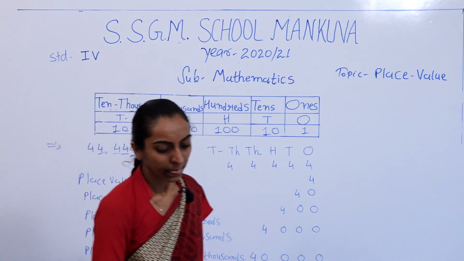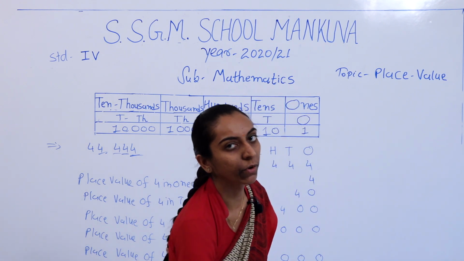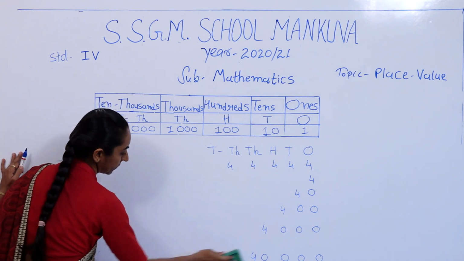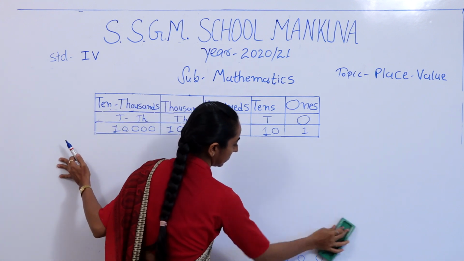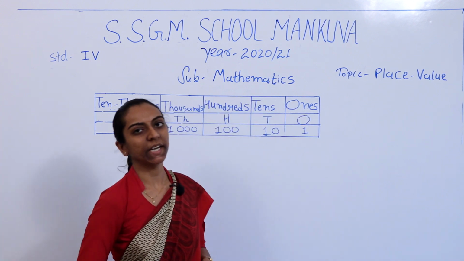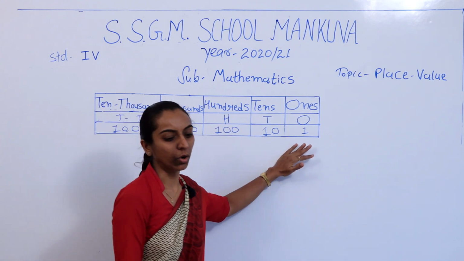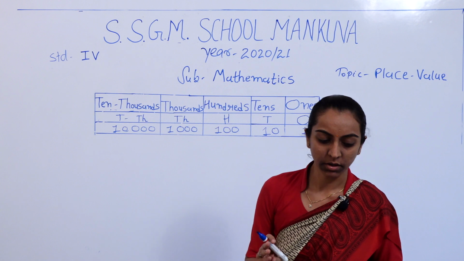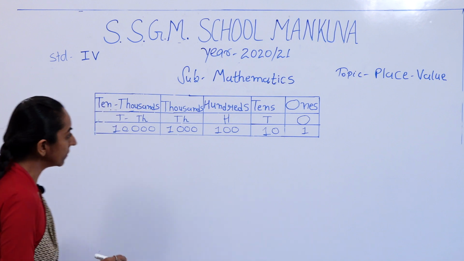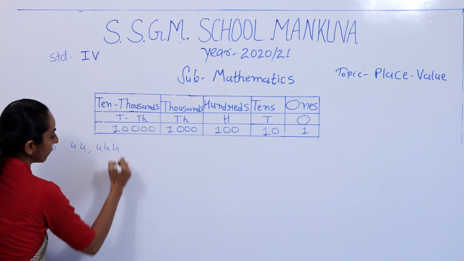Okay. Now let's see, the next topic is expanded form of a number. Expanded form of a number means the addition of the place values of all the digits of the number. It is called an expanded form. Let's take an example, 44,444.